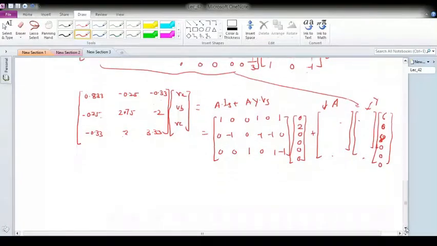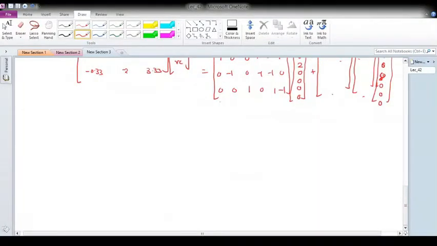Okay, from that this will give me resultant 0 minus 2 0. Okay, A into Is, and then next A Y into Vs will give me 1.5 0 8. That this resultant is this.